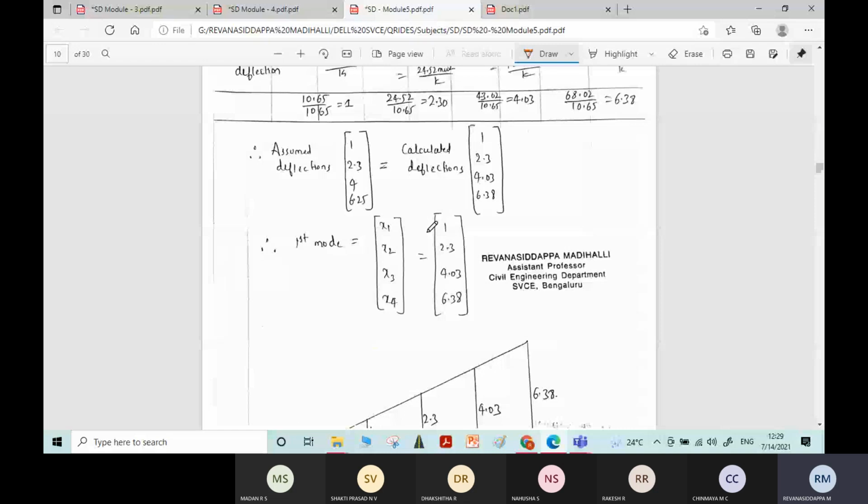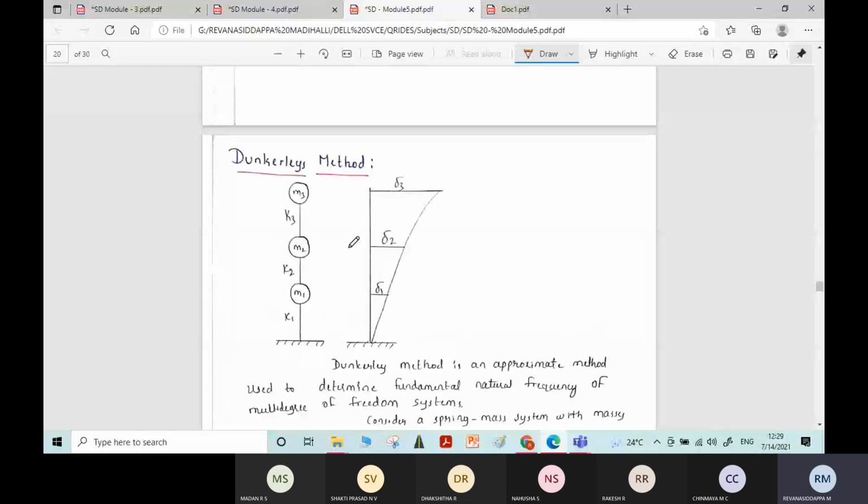Okay, they may ask you to write some theory on Rayleigh's method and one more method, that is Dunkerley's method. There may be a chance of asking theory questions.